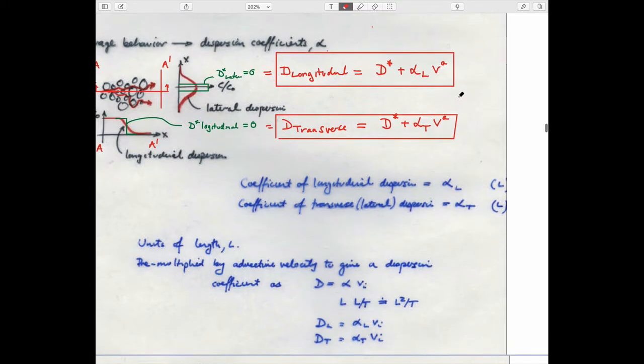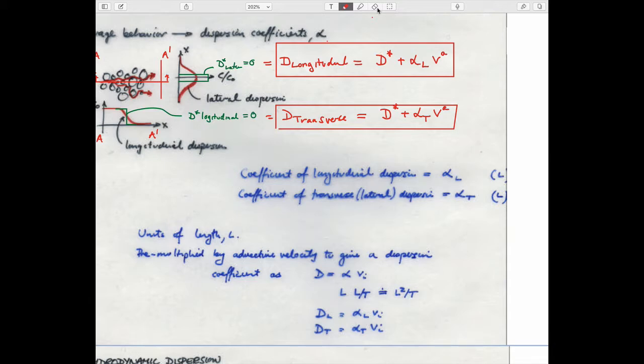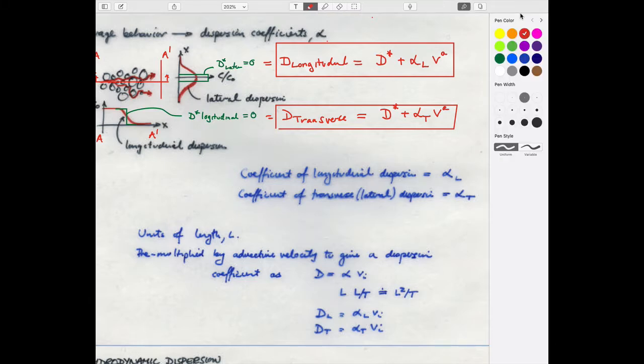And so you see that there's a multiplier on these of velocity. And so if you imagine that the advective velocity is 0, this whole second term drops out, and it's only the diffusion that exists, which happens to be a small number.